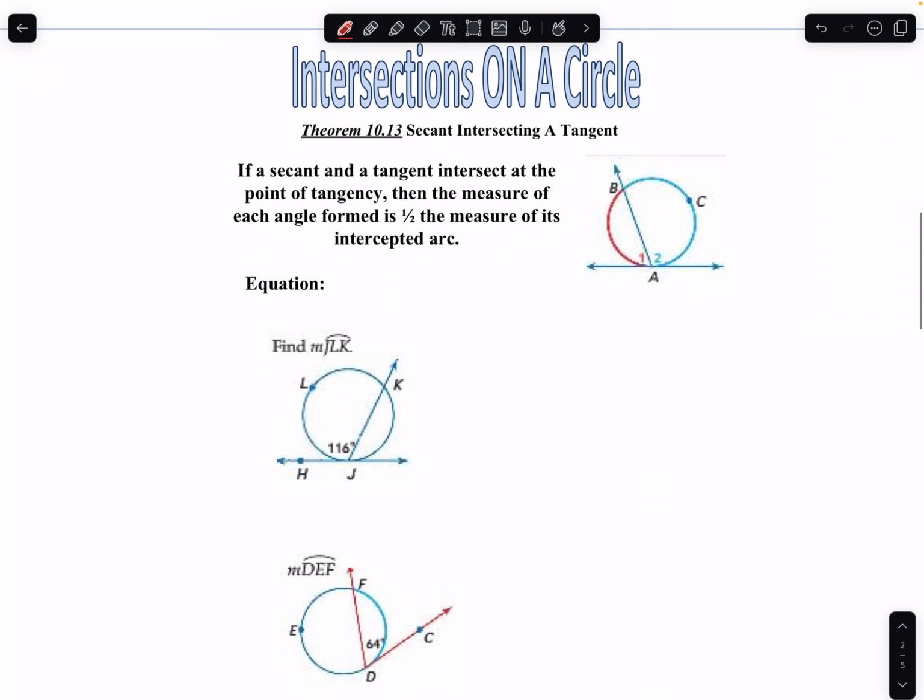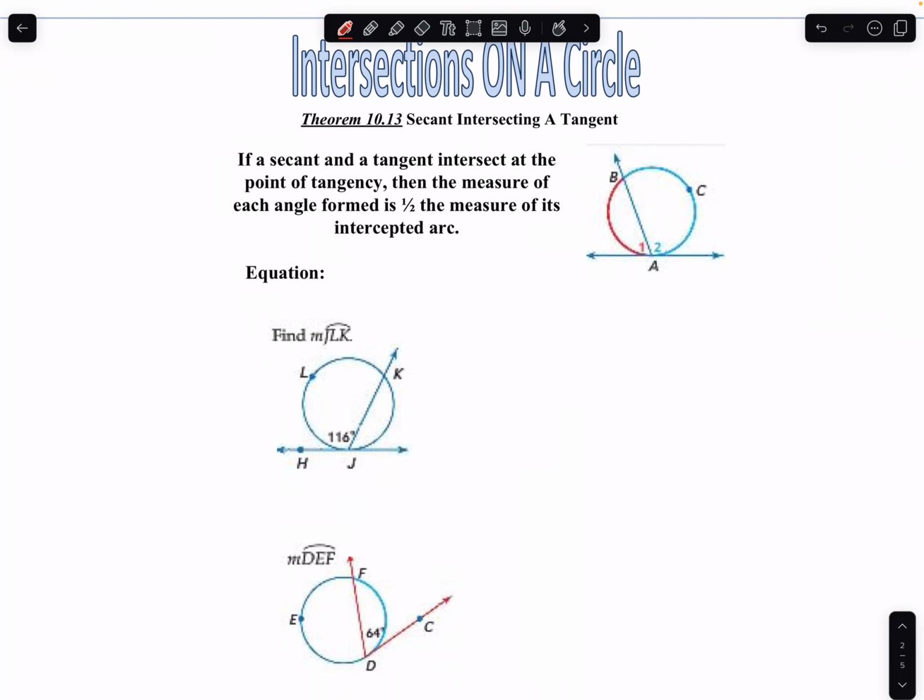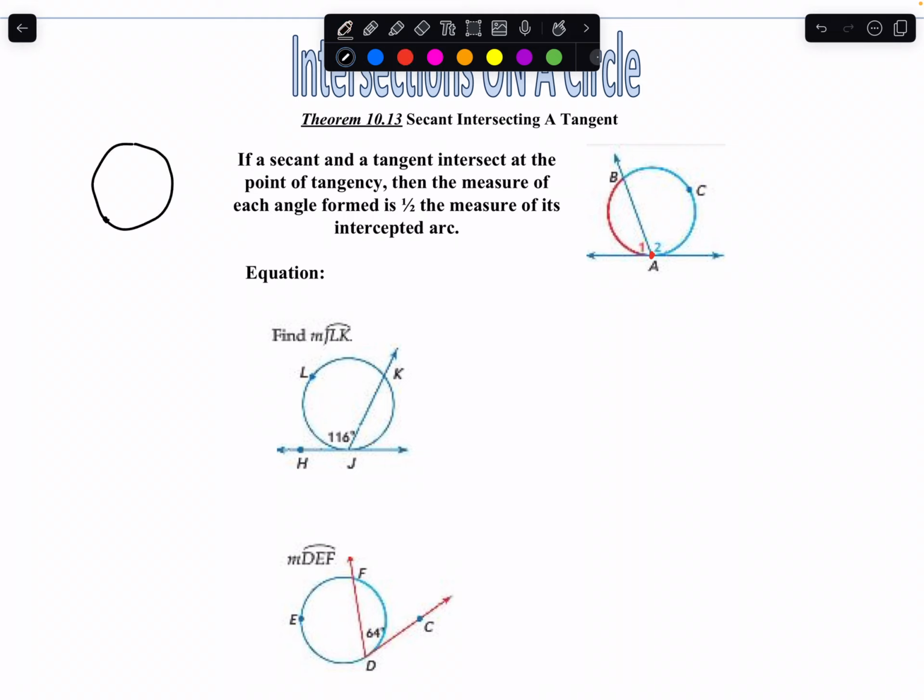What happens if the secant and a tangent intersect on the circle? We spoke about inscribed angles in 10.4, and we said that whenever an angle is inscribed, meaning it lands on the circle, I'm going to draw a picture so you can see it.